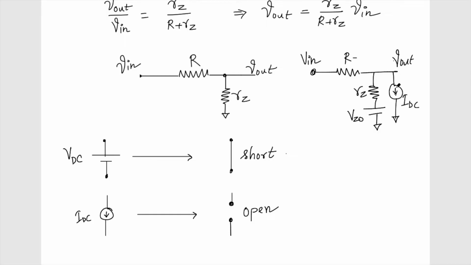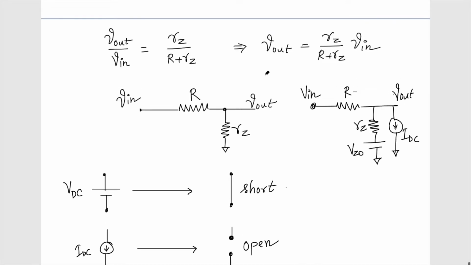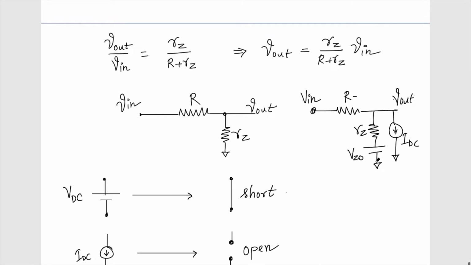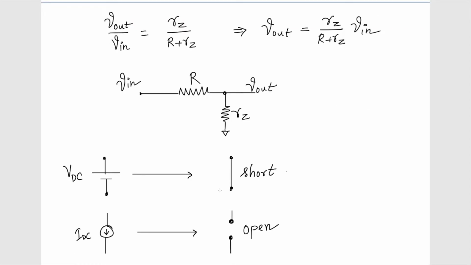You can just write simple KCL, KVL expressions and try to express this V out in terms of V in and just do the differentiation. You will come to the same expression as this one, where this voltage source will get shorted and the constant current source IDC will become an open. Okay, this was the small signal analysis when we are talking about the Zener diode.